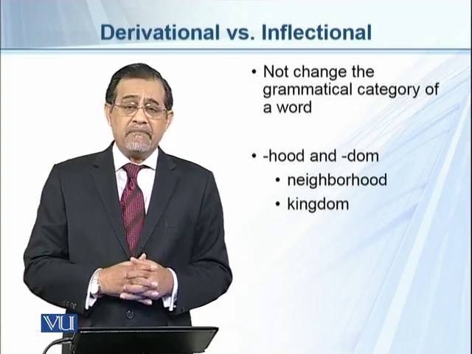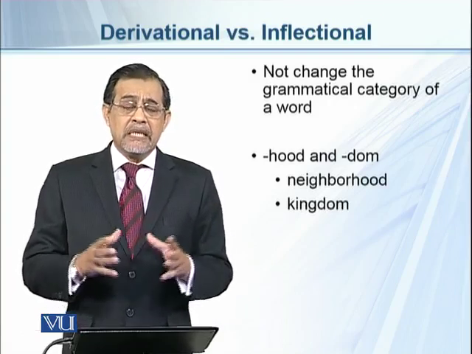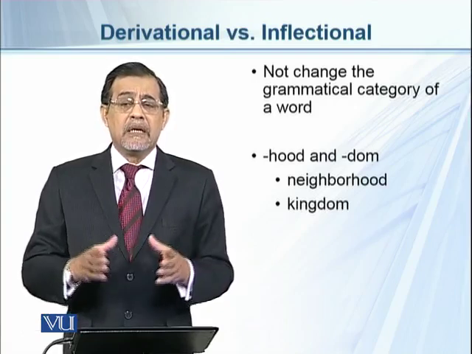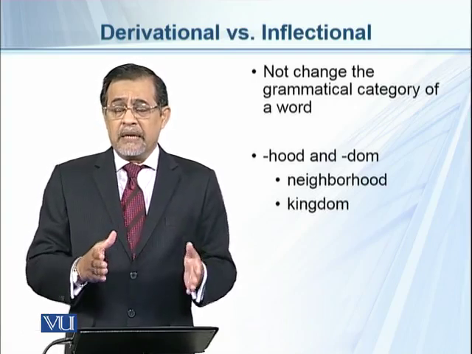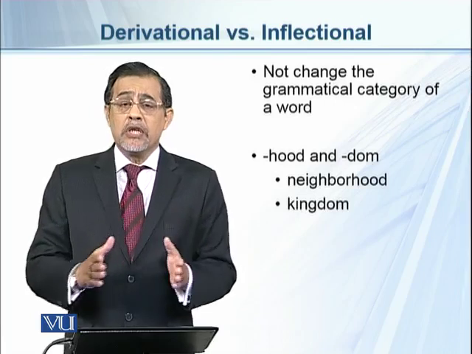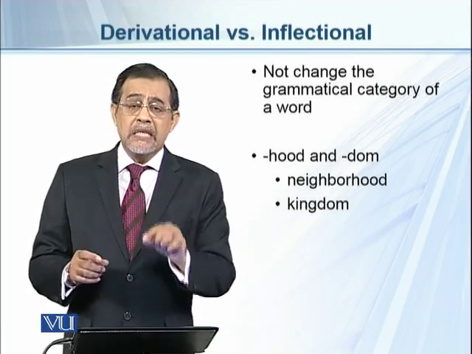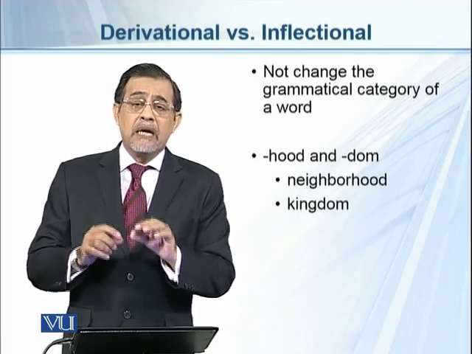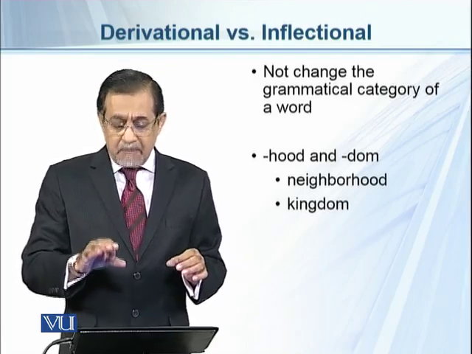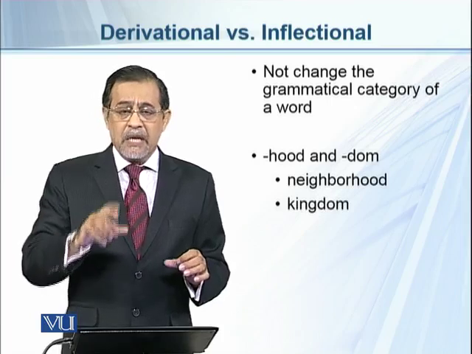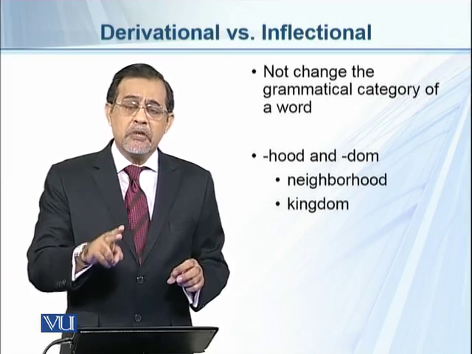However, sometimes we add some suffixes to a word, right? And that word does not change the class. And these morphemes are derivational morphemes. For example, we have the example of hood and dom. These are two derivational morphemes.